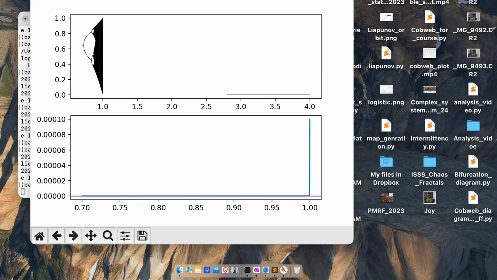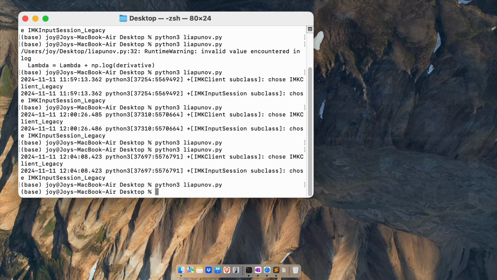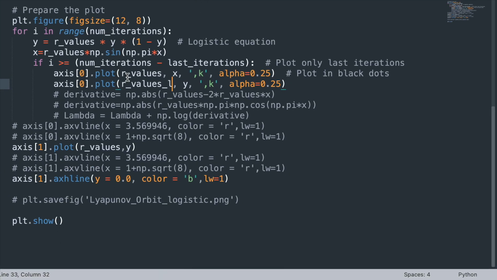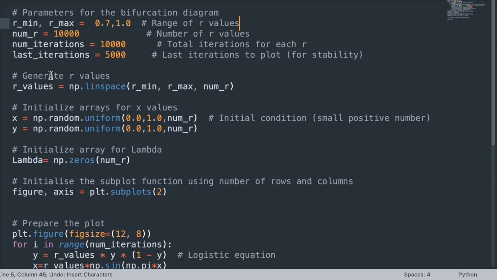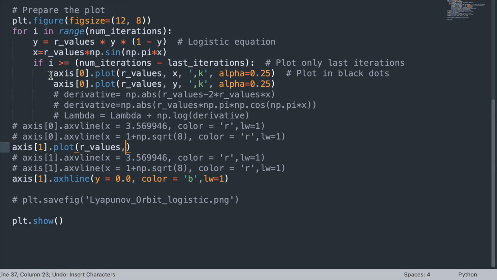I think it is not showing, but let's forget about that. Let's draw in place of it. It's not showing, so there is some issue.